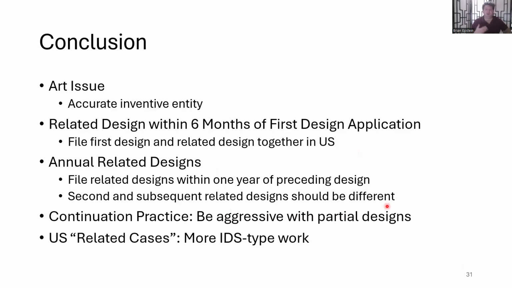In order to really achieve similar scopes of protection, we want to be aggressive with partial designs. We want to file many of these applications, and we want to file related case statements. That's just more IDS type work.